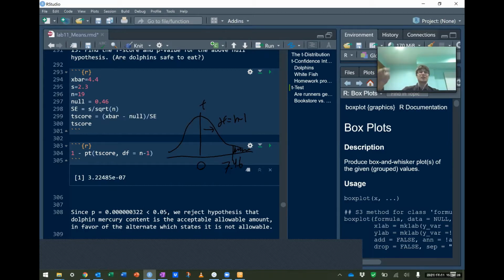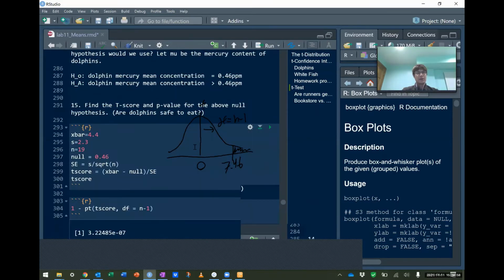So we reject the null hypothesis that mercury content is the acceptable allowable amount, 0.46. Is that what it was? Yeah, 0.46. It's not the null value. It's most likely something greater. And so, no, it's not safe to eat. And it confirms what we did in the confidence interval in the previous section.